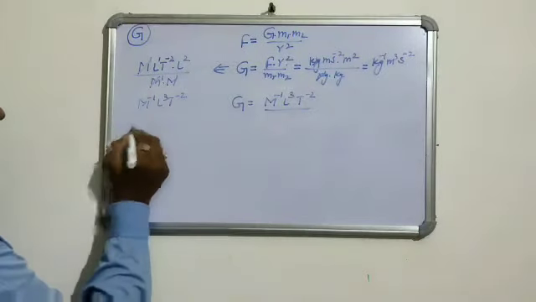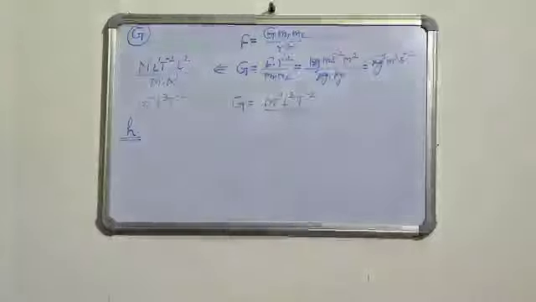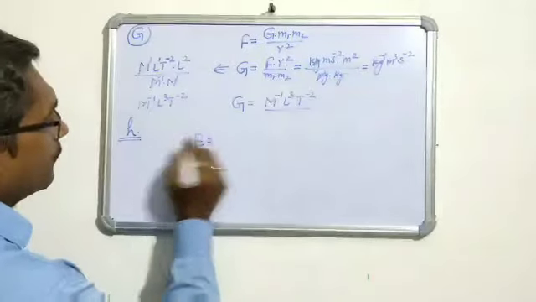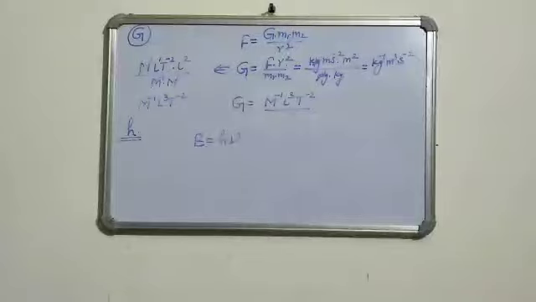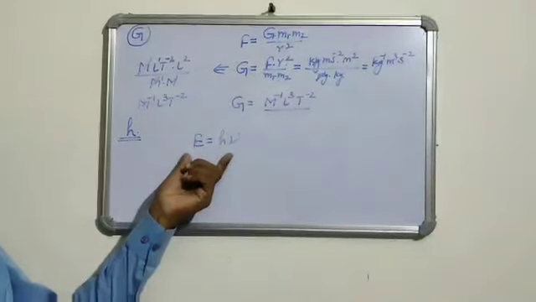Another example. Find the dimensional formula of Max Planck constant h. We can write here E equals h nu, according to Max Planck's formula. In chemistry, atomic structure, this is the formula of quantum theory, Max Planck quantum theory.